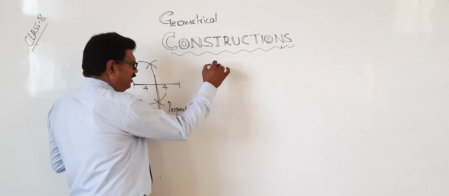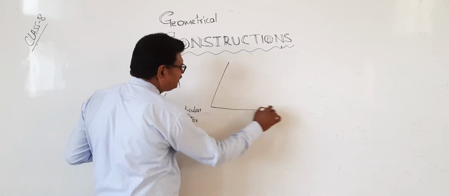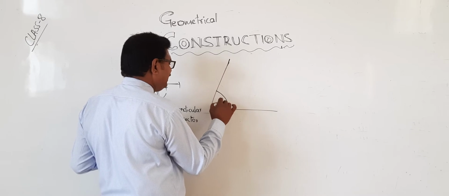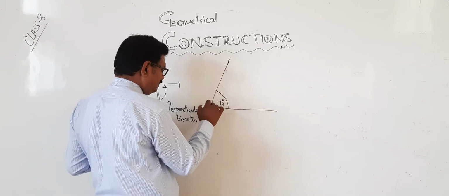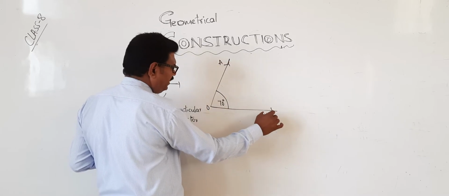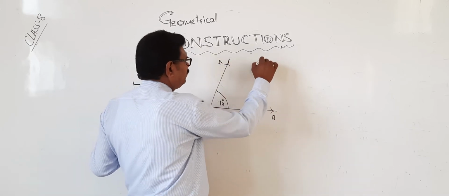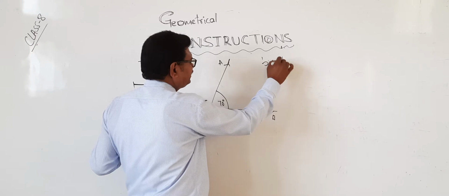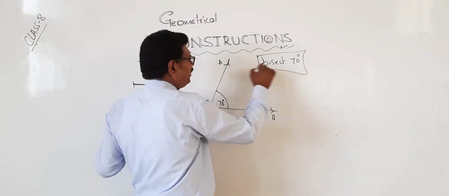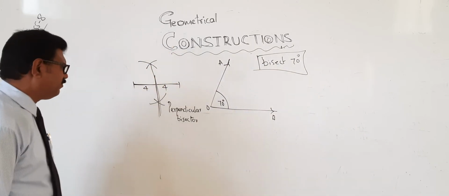And for example, how to bisect the angle, that also we will learn. For example, it is 70 degrees. AOB is 70. Now bisect the angle or bisect 70 degrees. One question will come for 2 marks. Very simple.